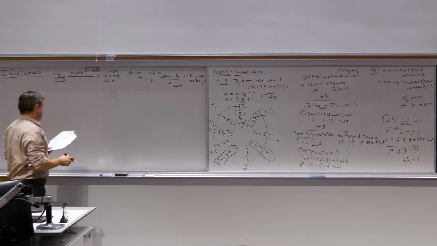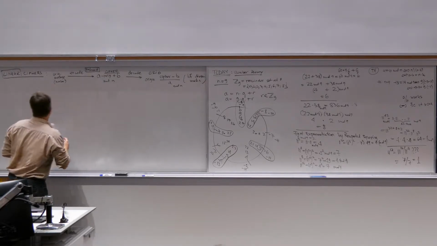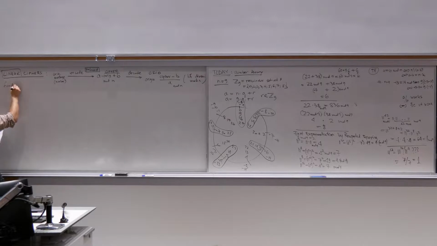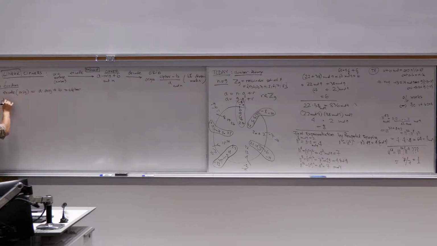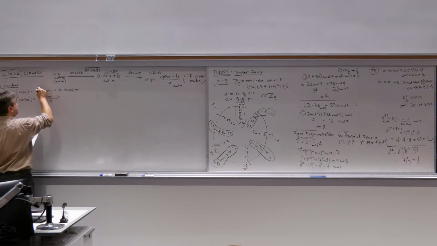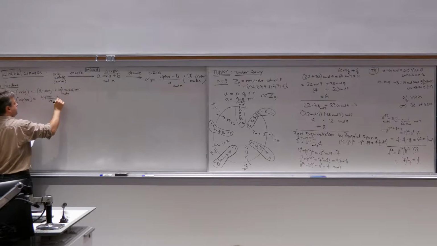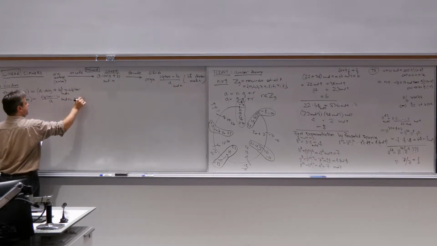As a function, encode takes the original and produces the cipher, which is A times original plus B. That's the cipher. And the decode takes the cipher and produces cipher minus B divided by A, modulo n, which should be the original.